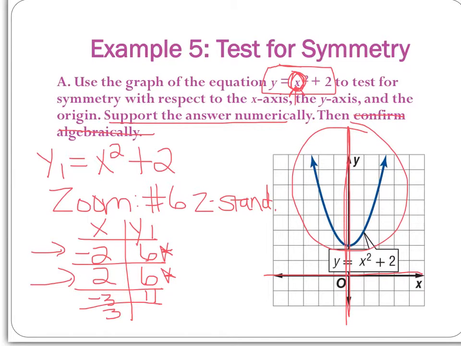And if I plug in +3 for x, I would also get 11 for y, which confirms that we have y-axis symmetry, because we have opposite x values giving us the exact same output, or y value. So that is a numerical confirmation that we have y-axis symmetry, which we also can see from the graph.